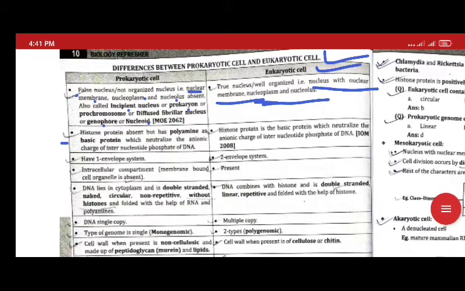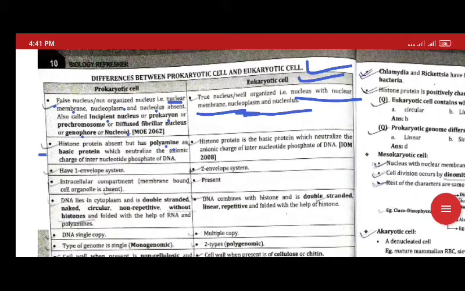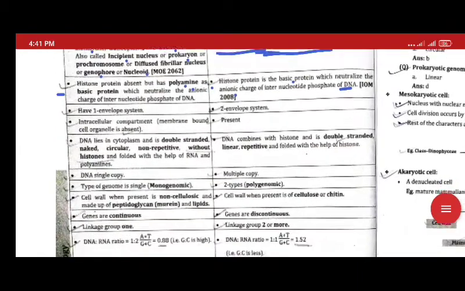Instead of histone protein there is polyamine, which acts as a basic protein that neutralizes the anionic charge of the DNA. Now the eukaryotic cell has histone protein, a basic protein which neutralizes the ionic charge of the DNA.